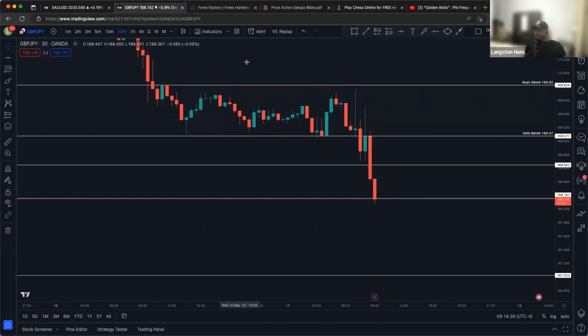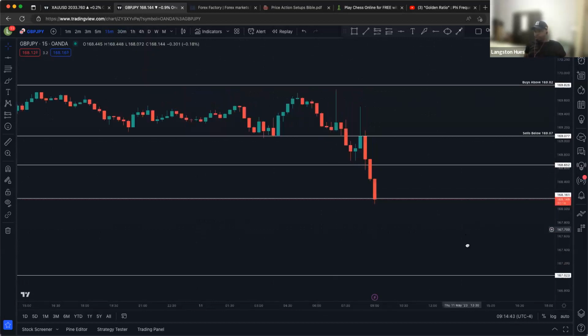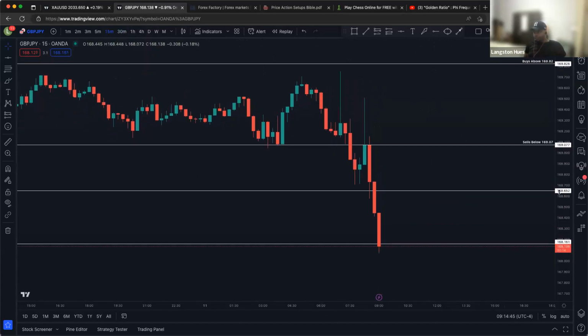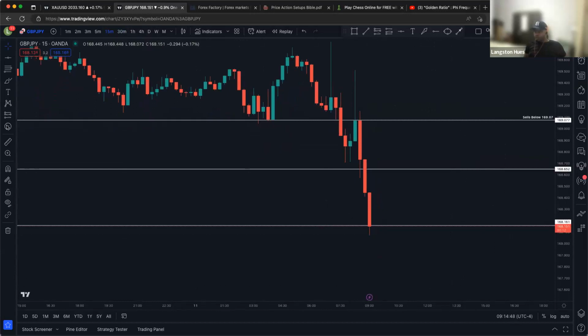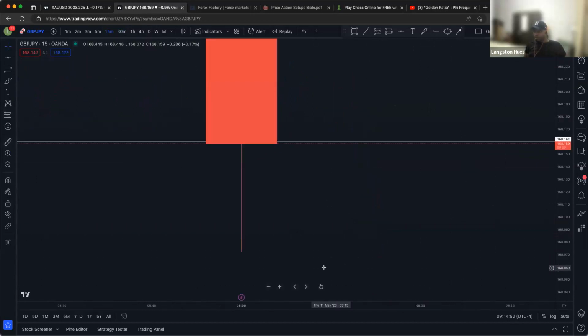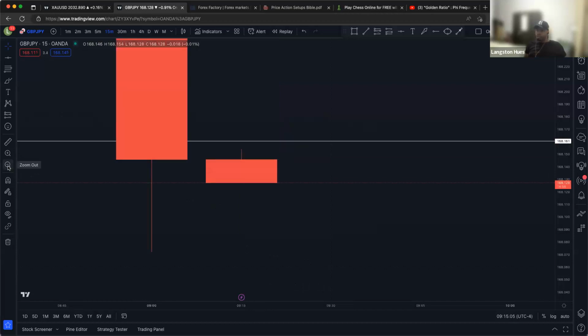Okay, the 15-minute on GJ looks like it is closing in 14 seconds, just below the range. Just below the range.